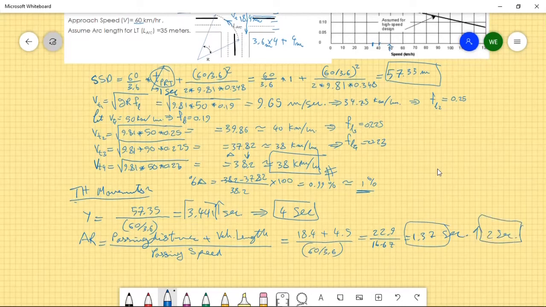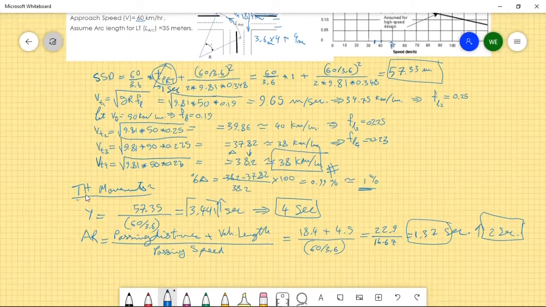Now let's do the same calculation, but for the left turn movement.